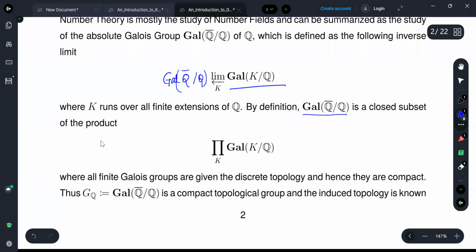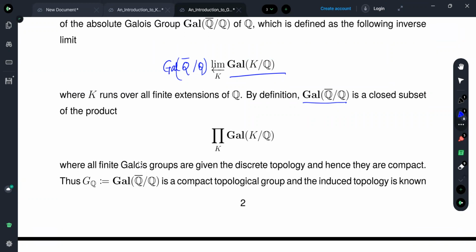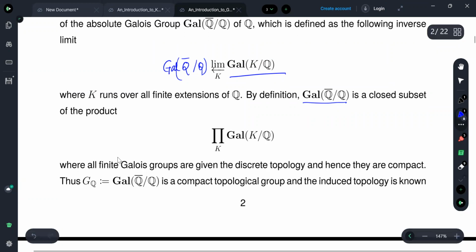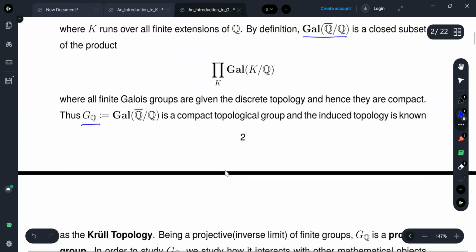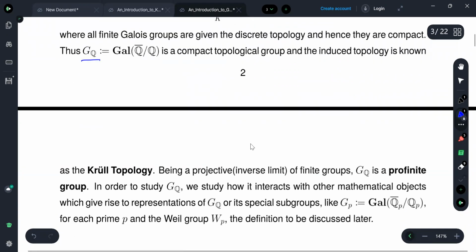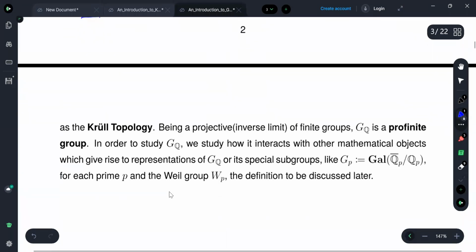Being a projective limit, this inverse limit is also known as a projective limit, of finite groups, this Galois group is a profinite group. We will denote it by G sub Q, and the topology it gets from the product topology is known as the Krull topology.